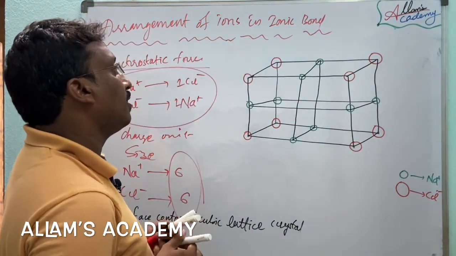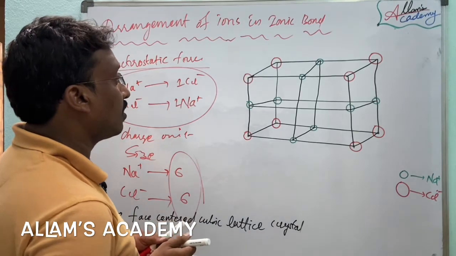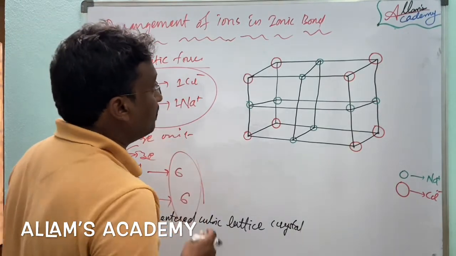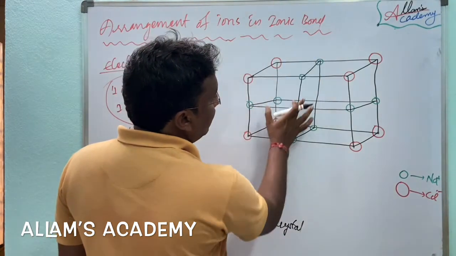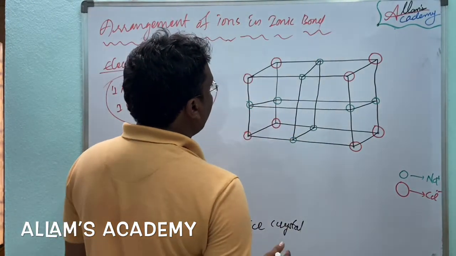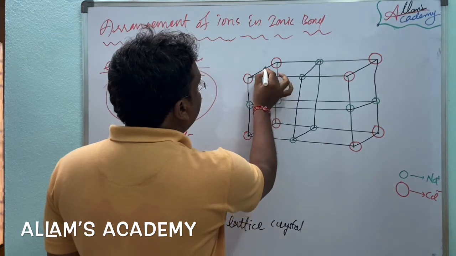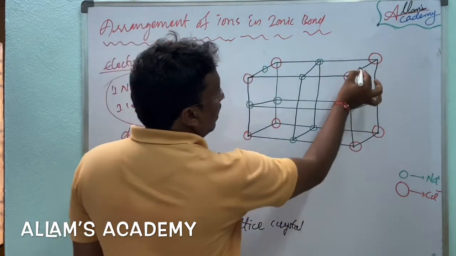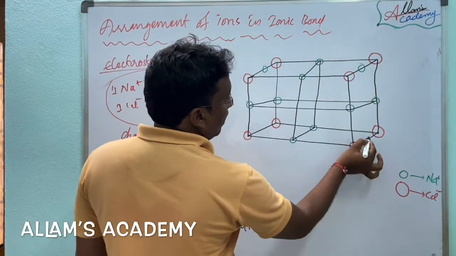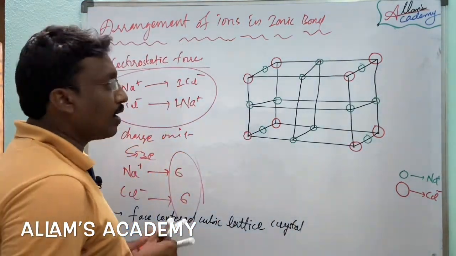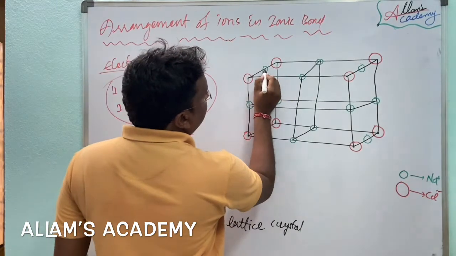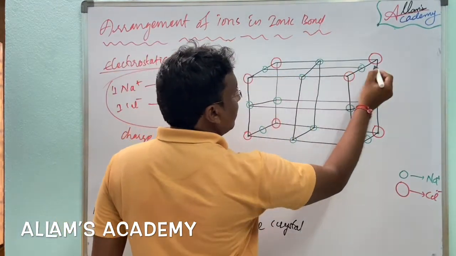Next, on these sides and these sides, and next here and here and here and here. See, join again. What are these 4?